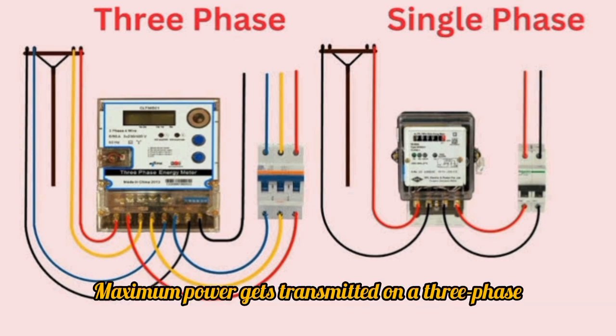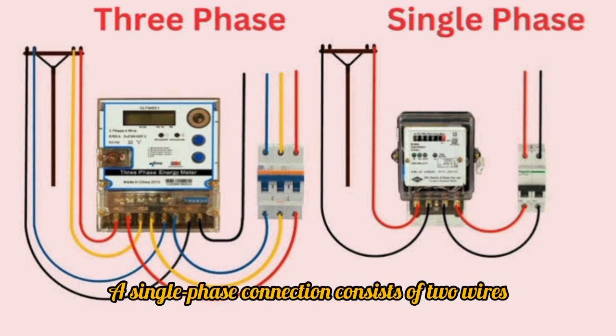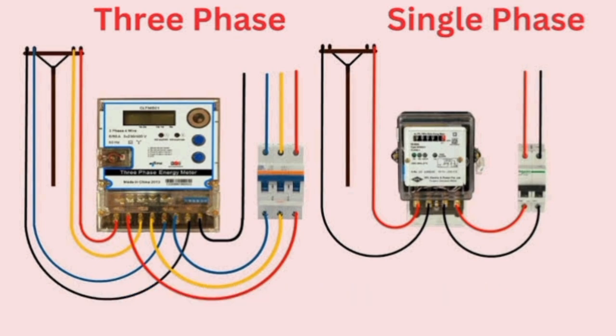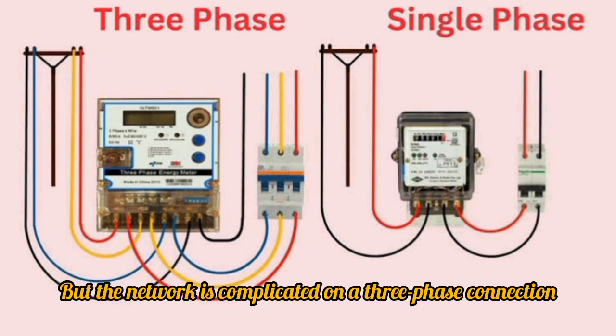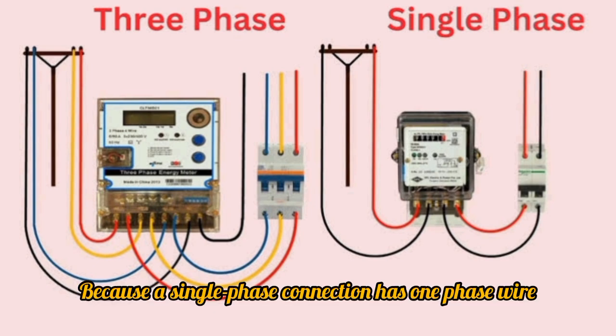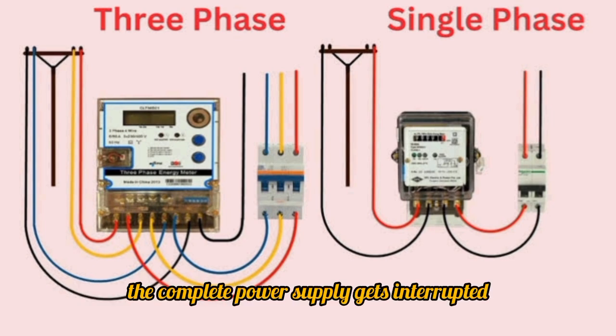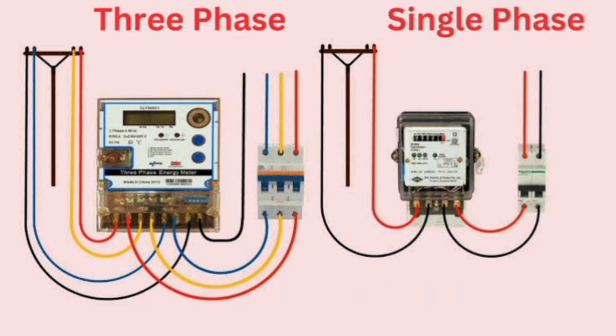Maximum power gets transmitted on a 3-phase connection compared to a single-phase power supply. A single-phase connection consists of two wires that make a simple network. But the network is complicated on a 3-phase connection because there are 4 different wires. Because a single-phase connection has one phase wire, if anything happens to the network, the complete power supply gets interrupted.